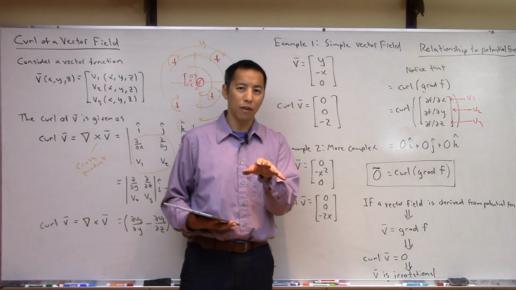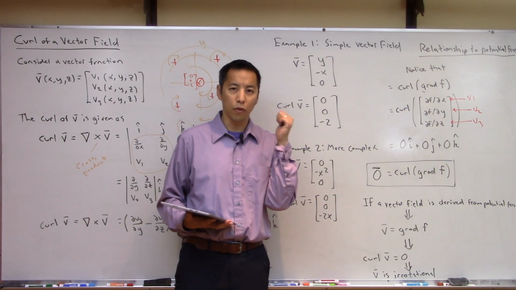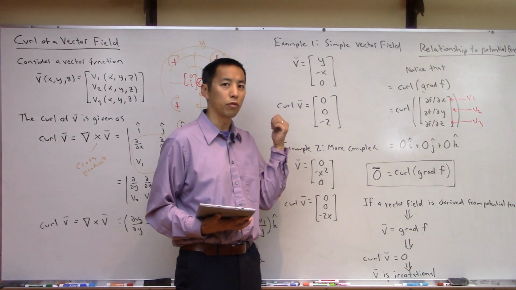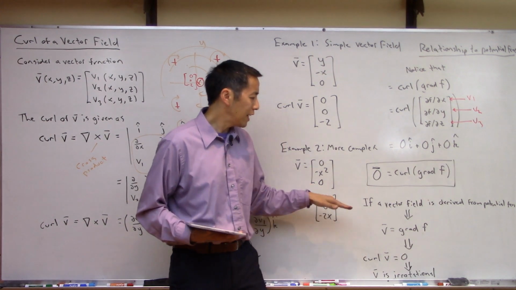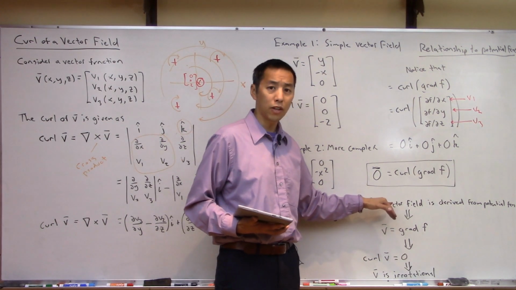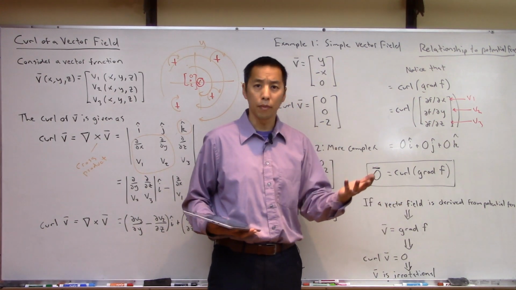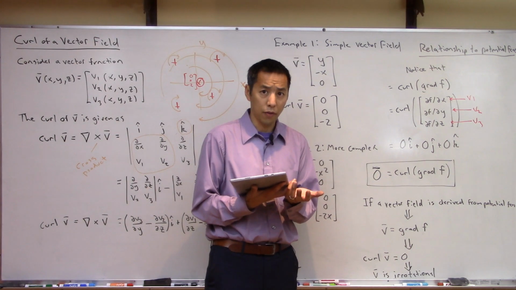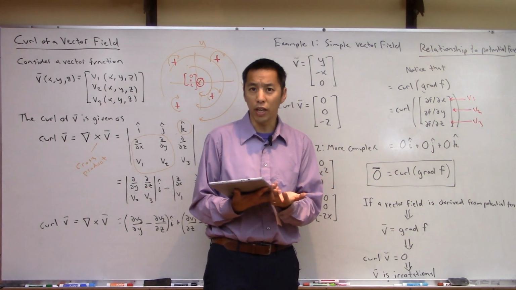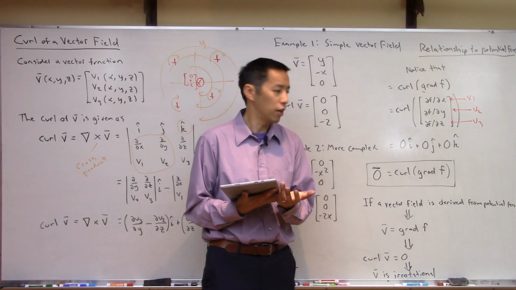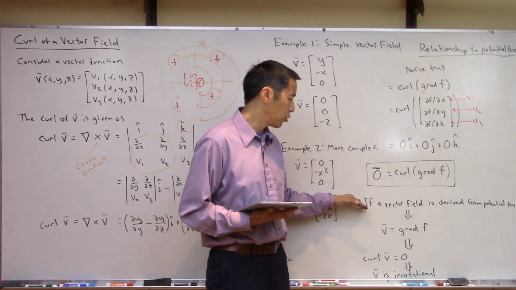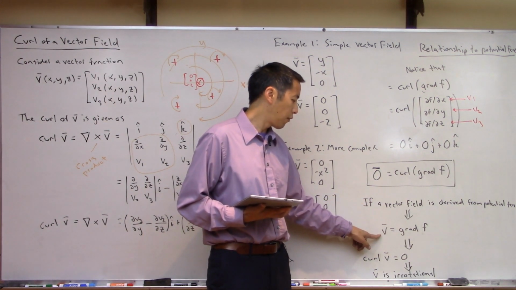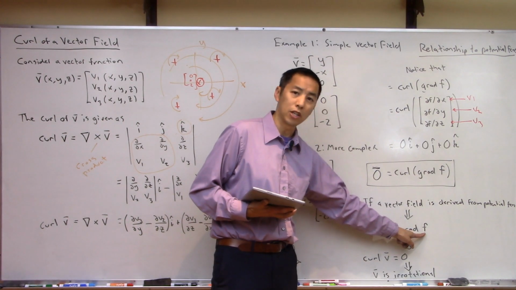So think about the implications of this from the perspective of this rotational flow discussion. Let's say that you have some vector field that is derived from a potential function, meaning this vector function comes from taking the gradient of this potential function. So if that is true, that means this vector field is the gradient of the potential function.